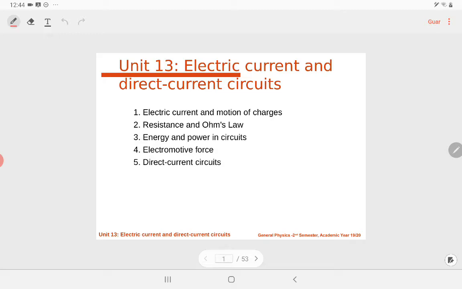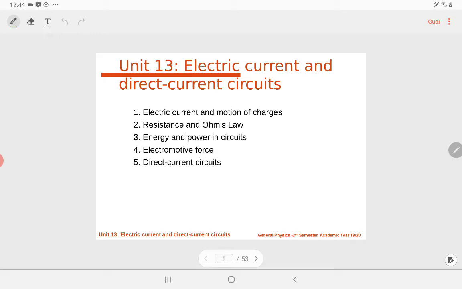Then we will look at the different energetic terms for these movements, and in point 4 we will tackle the electromotive force, which is not really a force. You have to be careful here with the terms, because the electromotive force is really an amount of energy per unit of charge that we have to put into the system for the charges to move.